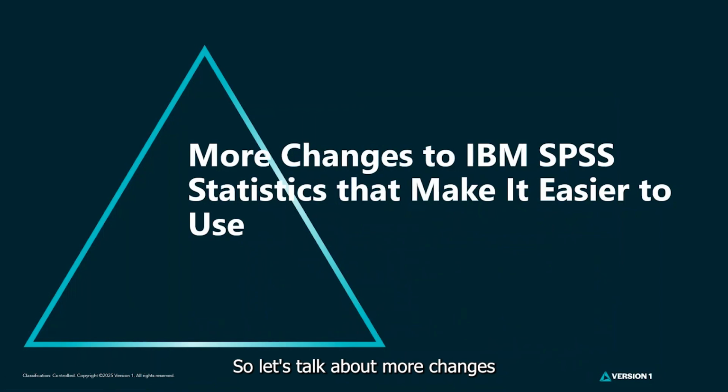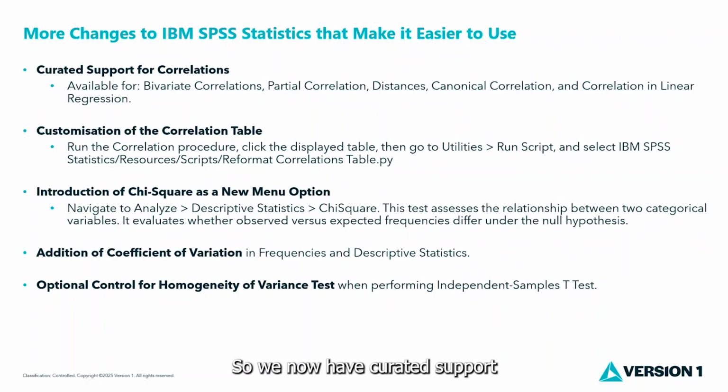So let's talk about more changes to IBM SPSS Statistics that make it easier to use. We now have curated support for correlations. When you run a correlation, you will get a summary beneath the correlation table. Your correlation table will be color-coded, and you'll be able to see the very strongly positive, neutral, negative, and strongly negative correlations.